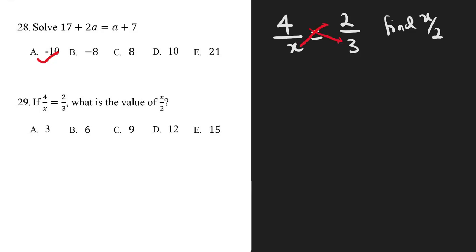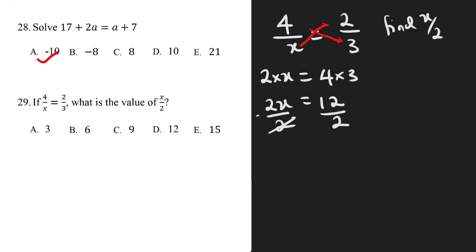So if you cross multiply, you're going to have 2 times x equals 4 times 3. Can you see? 2x equals 12. So divide both sides by the coefficient of x, which is 2. 12 divided by 2 is 6. So x equals 6.